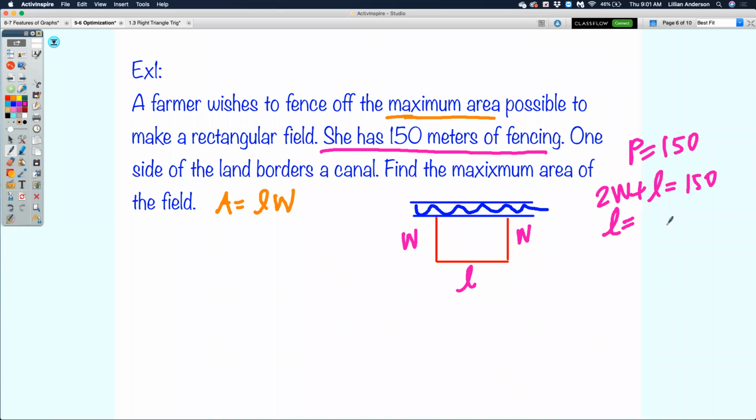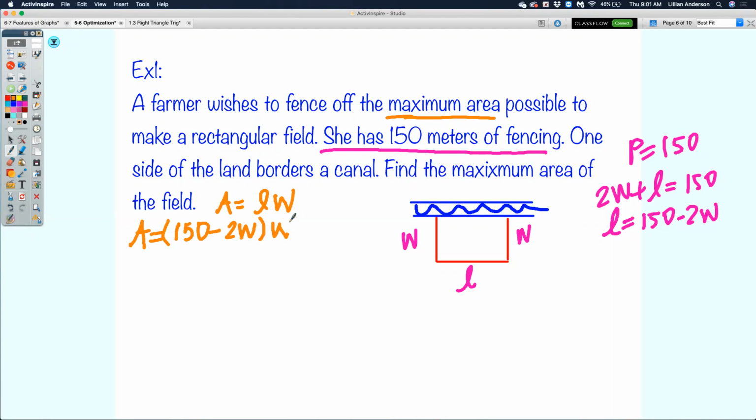Exactly. To be honest, we can solve for either L or W. L would be a little bit easier because all we have to do is subtract over the 2W, and then we won't have to worry about dividing by anything. So now we're able to rewrite our area equation, the same equation that we're trying to optimize, in terms of W. We're going to replace L with 150 minus 2W.